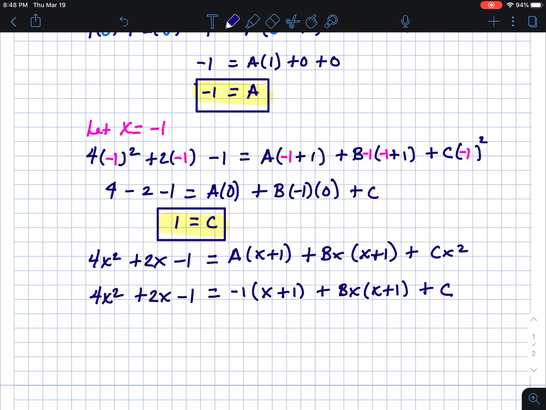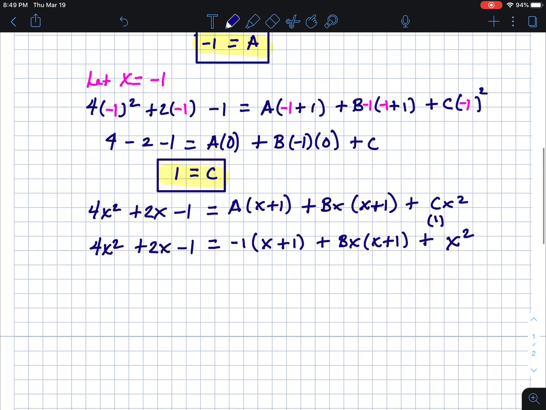Oops, cx squared, sorry about that. I made a mistake. c is 1, so it's just x squared. That's why it's just x squared.